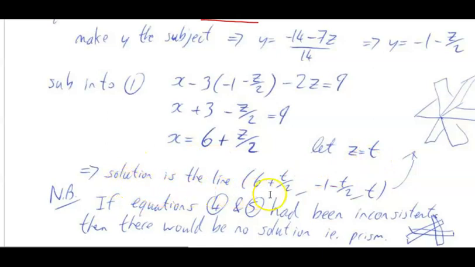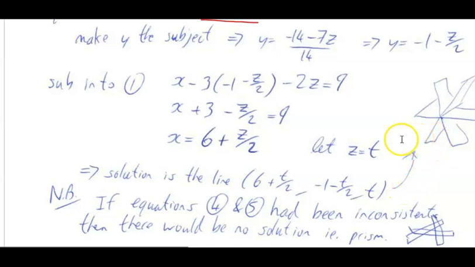So the solution to your line is z equals t, y is minus 1 minus z over 2, which is now minus 1 minus t over 2, and x is 6 plus z over 2, which is 6 plus t over 2. So this is again a parametric equation of a line. So that is what we have.